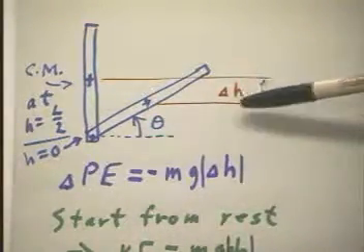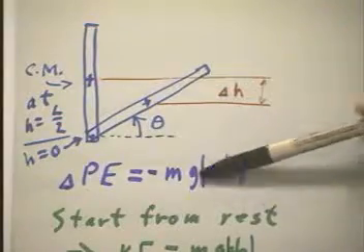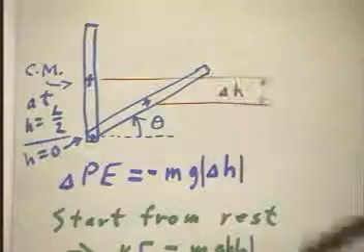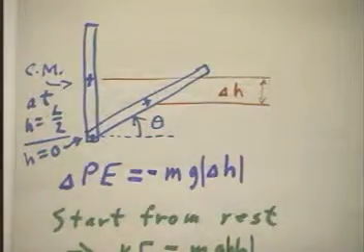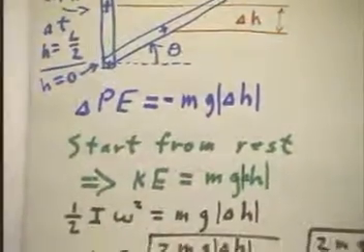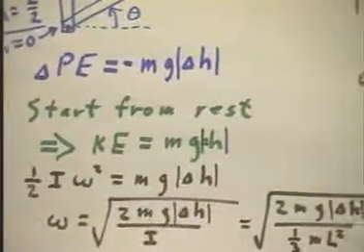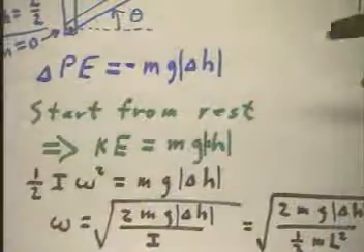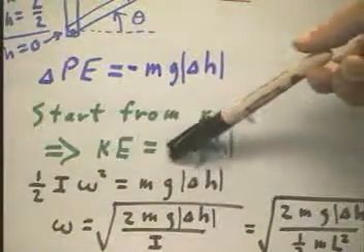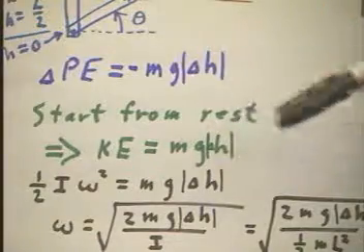So the delta H here multiplied by the weight of the beam gives us the change of potential energy. Potential energy will be the negative of that product. Now if the beam starts from rest, as we saw, the kinetic energy at any instant will be the negative of the potential energy change, which is just mg times the magnitude of delta H.